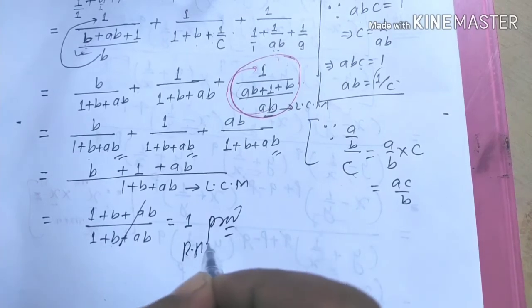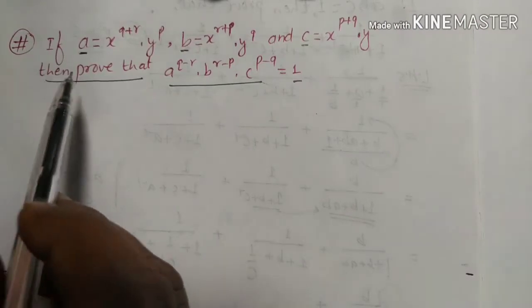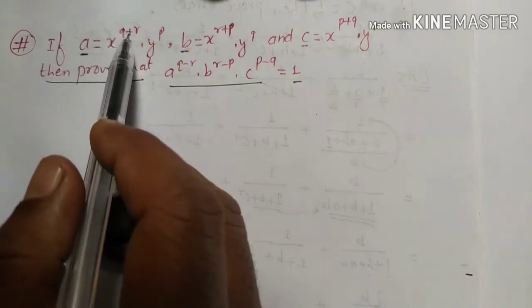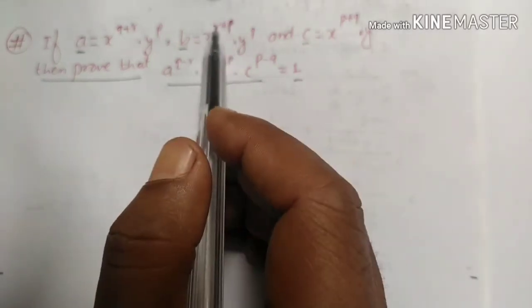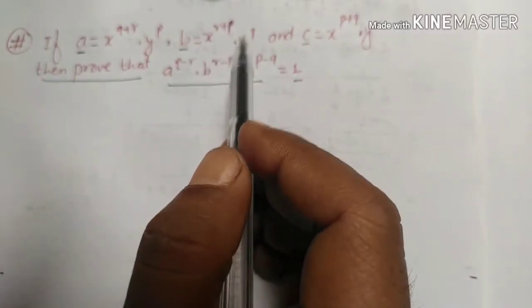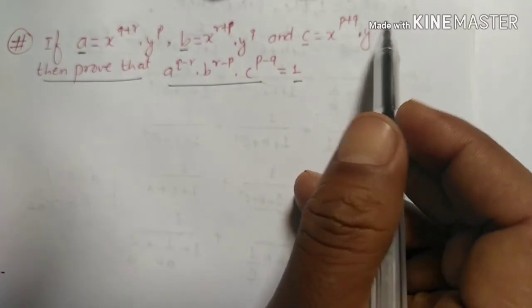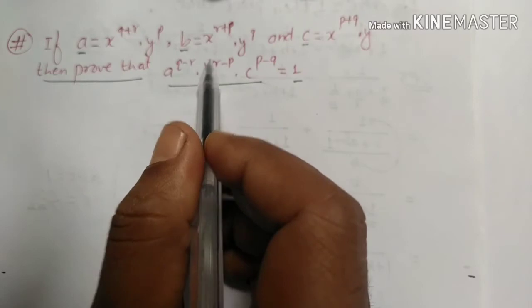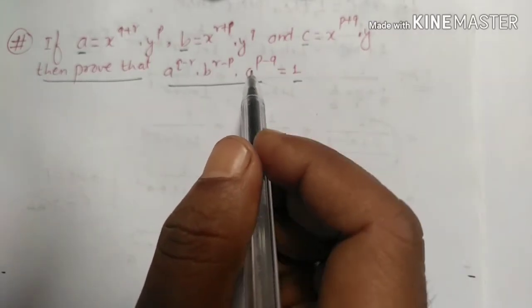This is RHS. Dear students, now I'm going to do another question which is given as: if a is equal to x power q plus r times y power p, b is equal to x power r plus p times y power q, and c is equal to x power p plus q times y power r, then we have to prove that a power q minus r times b power r minus p times c power p minus q is equal to 1.